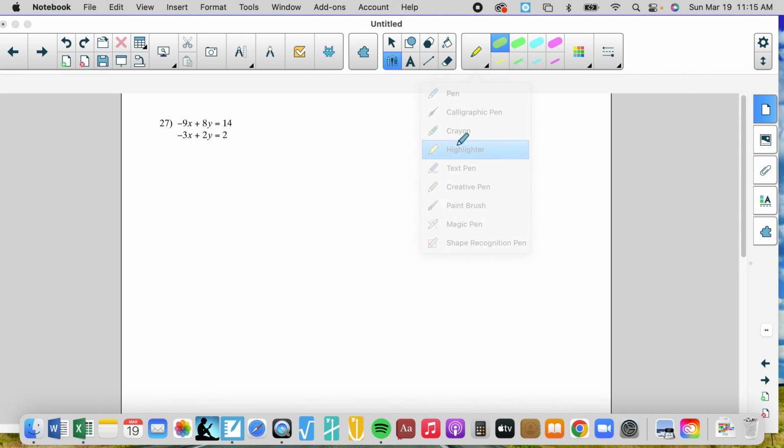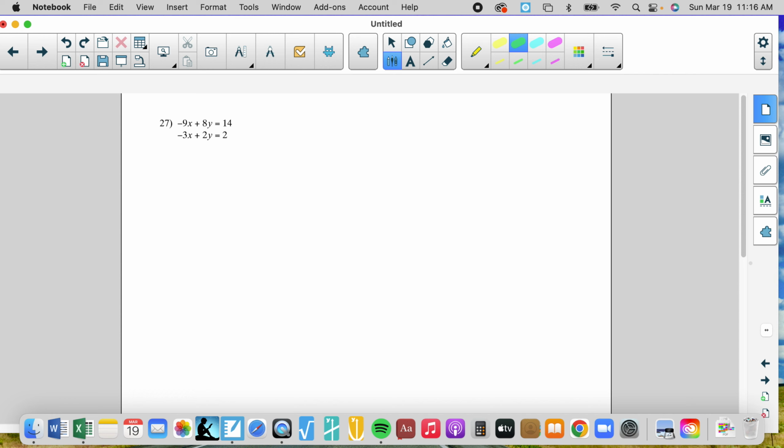Let's look at my x's. What's a concern of mine is that both are negative. So I'm going to see, are my y's more conducive? Nope, because my y's are the same sign. They're both positive, so it doesn't matter which one. I have a 9 and a 3. I have an 8 and a 2.